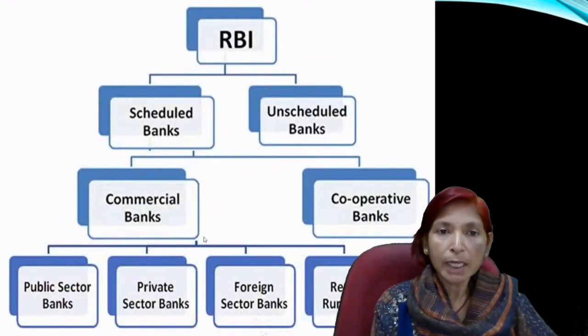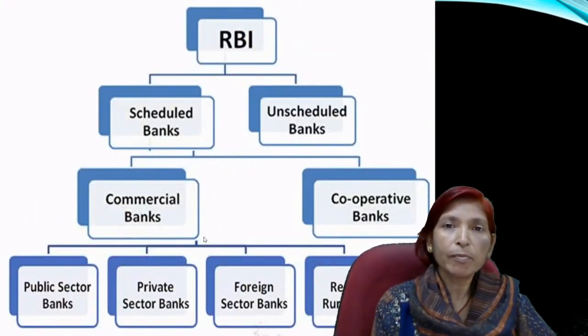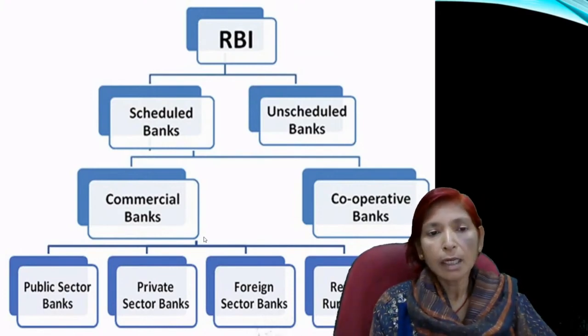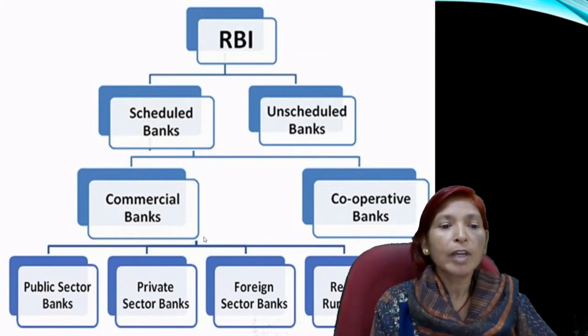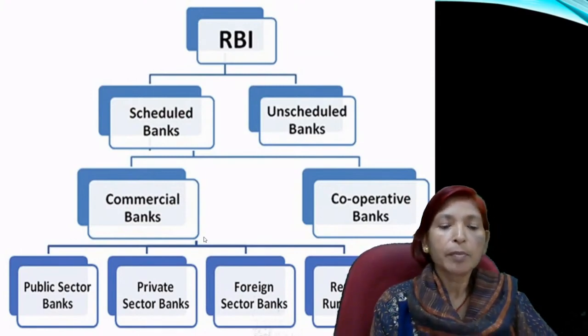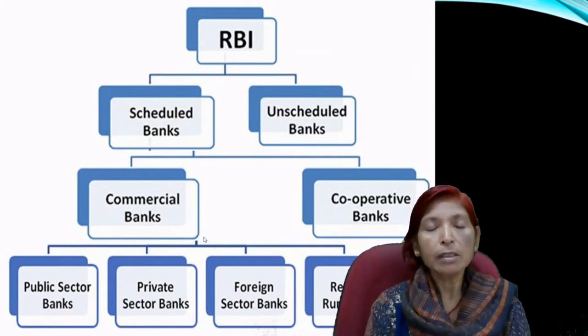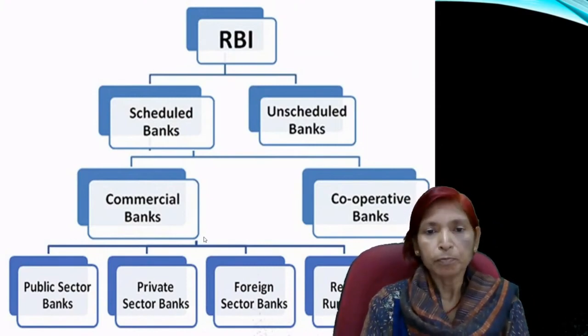Now next is RBI. In this we can categorize different forms of banks into scheduled and unscheduled banks. In scheduled banks we can take commercial banks and cooperative banks, and then again commercial banks may be public sector banks, private sector banks, foreign sector banks, and regional rural banks.